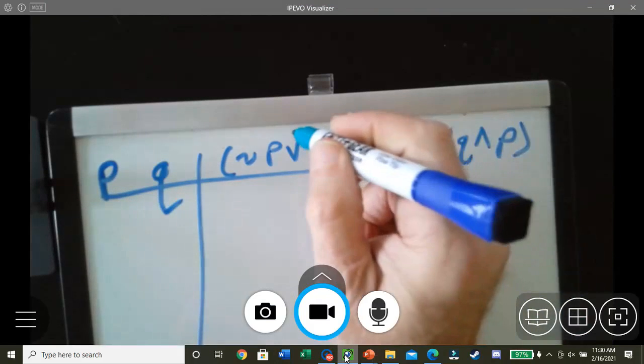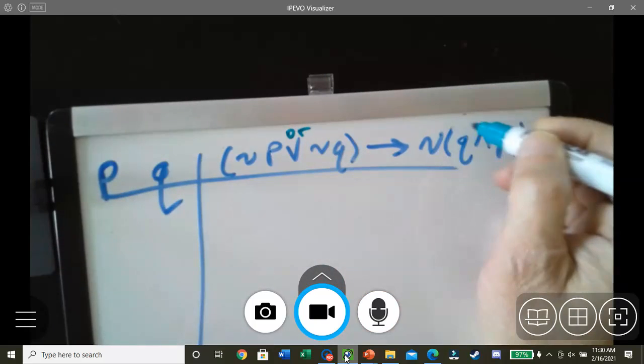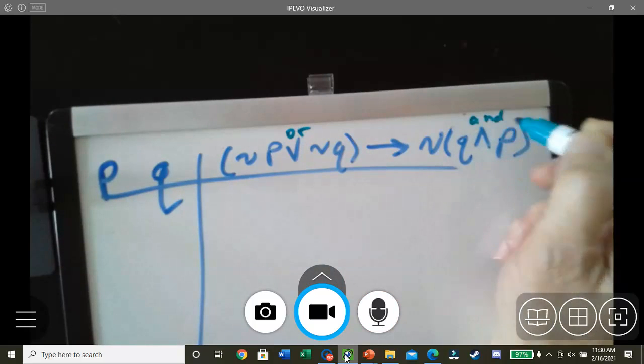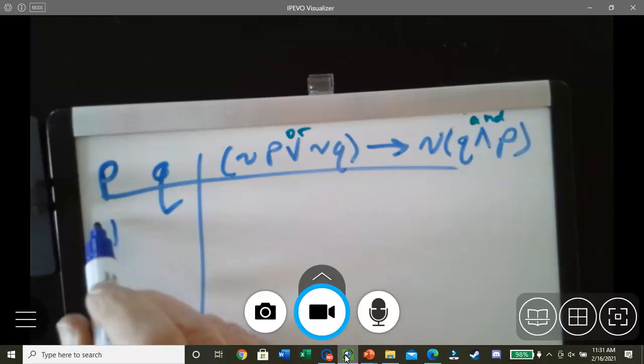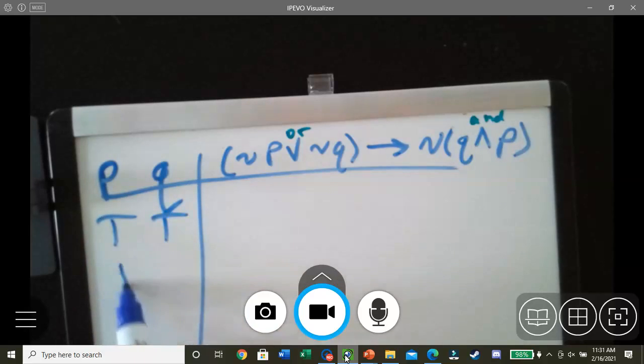So it helps if we put or and up there, because that's going to remind us to do one or the other. All right, so now we've got true, true, true, false, false, true, false, false.